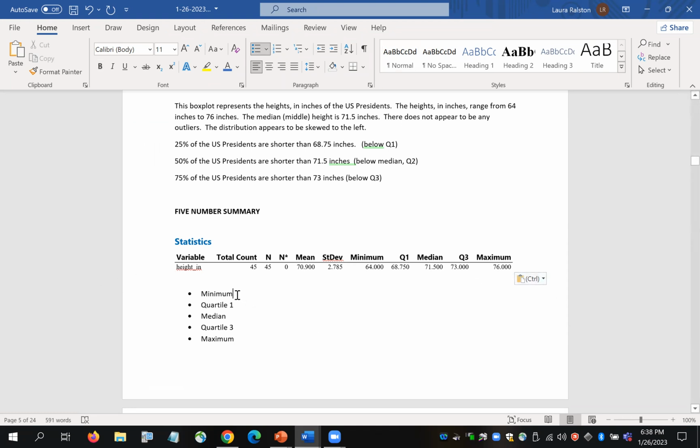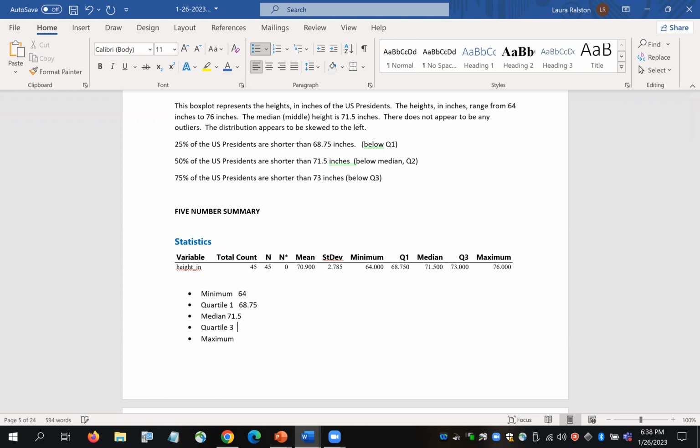You can put it in table form, you can put it in sentence form, but the minimum is 64. Quartile 1 is 68.750. The median is 71.500. I really don't need the zeros. You don't have to add them.